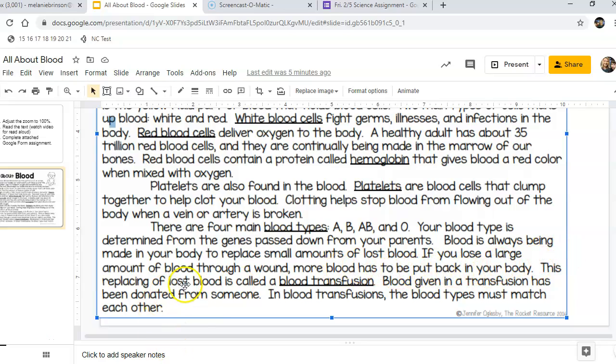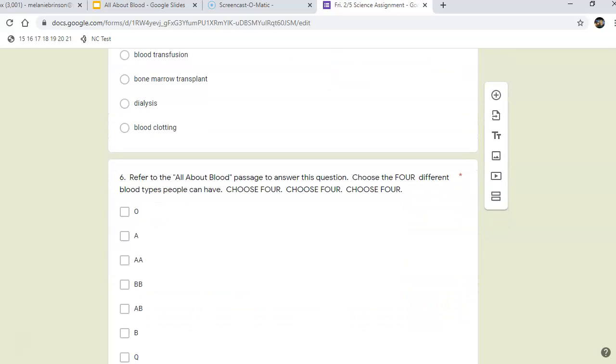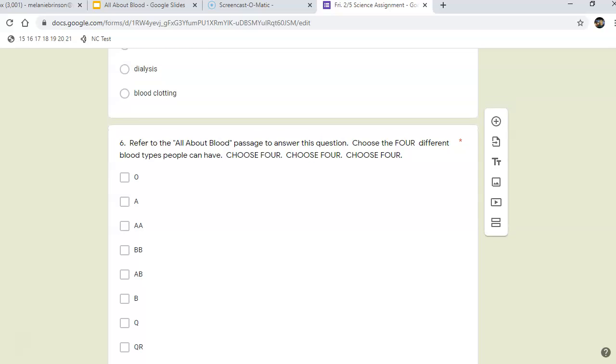This replacing of lost blood is called, there it is, there's our answer. So when we replace blood that has been lost, is that blood transfusion, a bone marrow transplant, dialysis, or blood clotting?